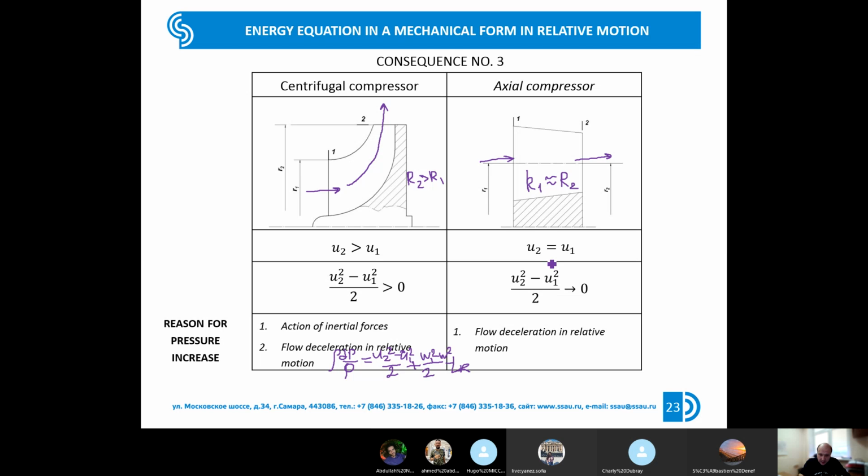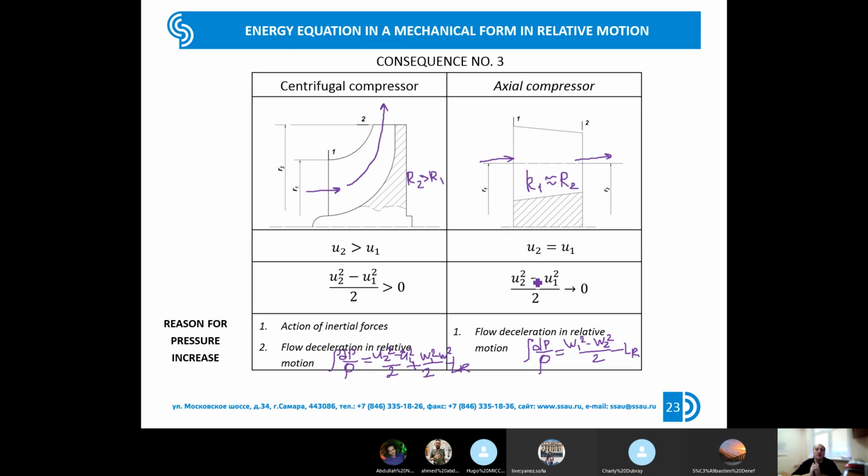And finally, for the axial compressor, this equation will look like this. So it's like in the case of the centrifugal compressor, but the first term leads to zero. That's why we remove it from the formula.